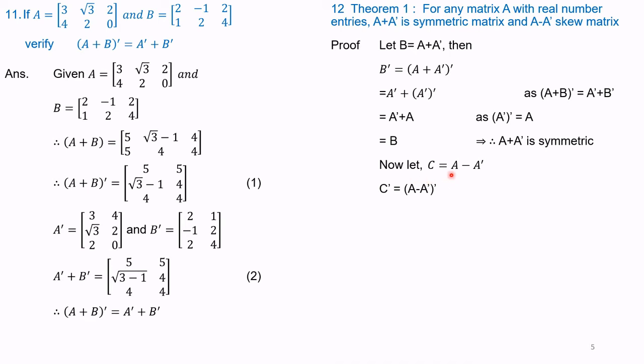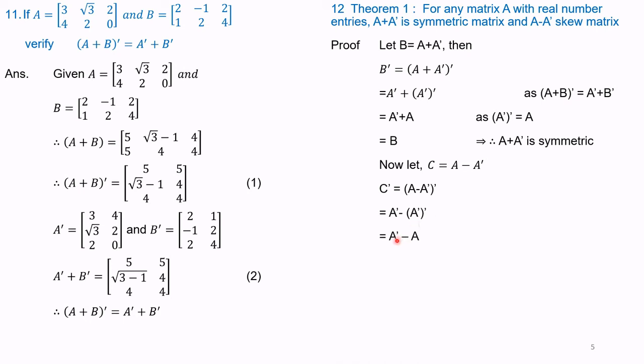Therefore, C dash, by transposition, we find C dash is equal to (A minus A dash) whole dash. Therefore, that is equal to A dash minus (A dash) of dash.